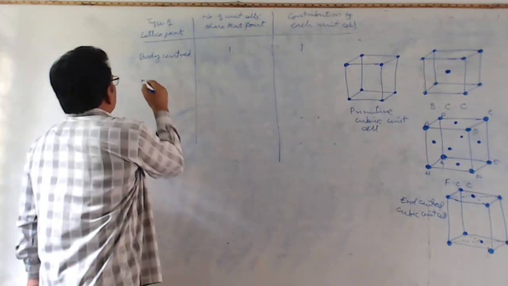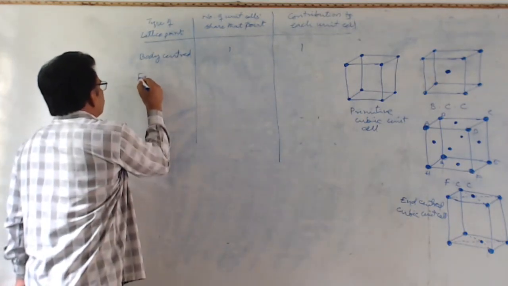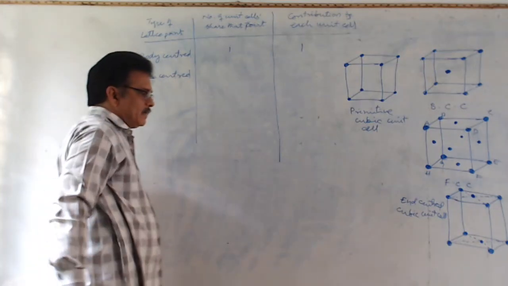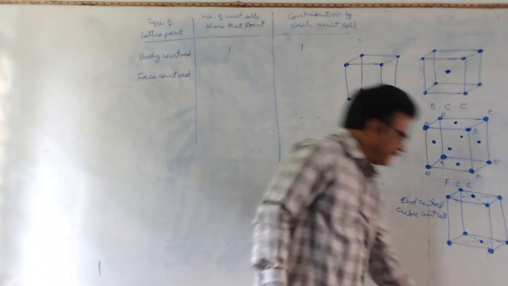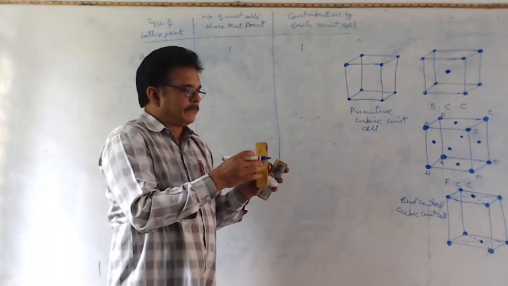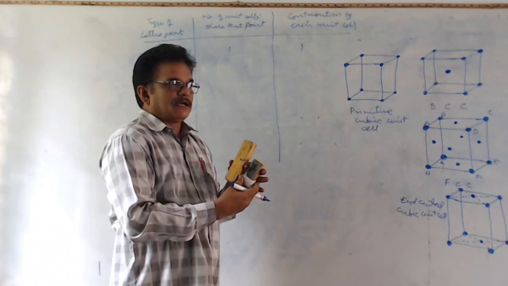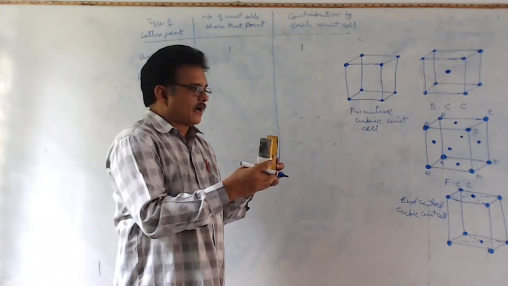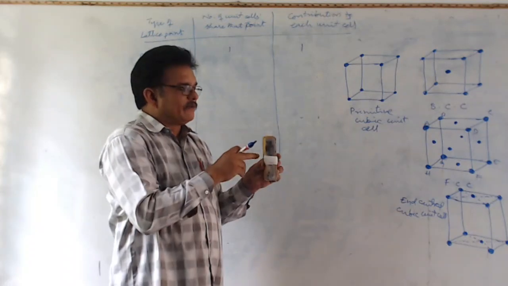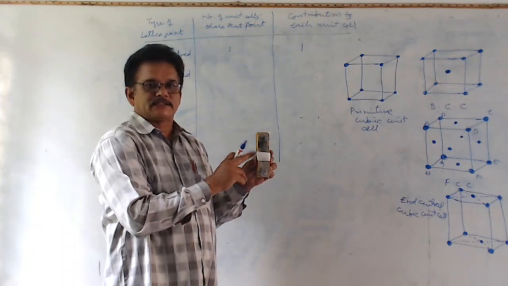Similarly, the face-centered lattice point. A face-centered lattice point means the lattice point will be at the middle of the face. When another unit cell comes in contact with this unit cell, that point will be shared by 2 unit cells.